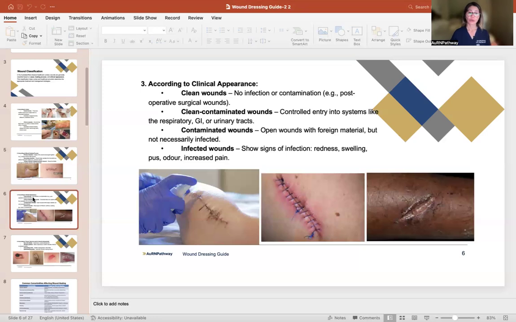In Australia and New Zealand as well, these test procedures are done for free. If we think the patient needs it, we collaborate with the doctor, collect a wound swab, and send it to pathology. So that's according to clinical appearance.